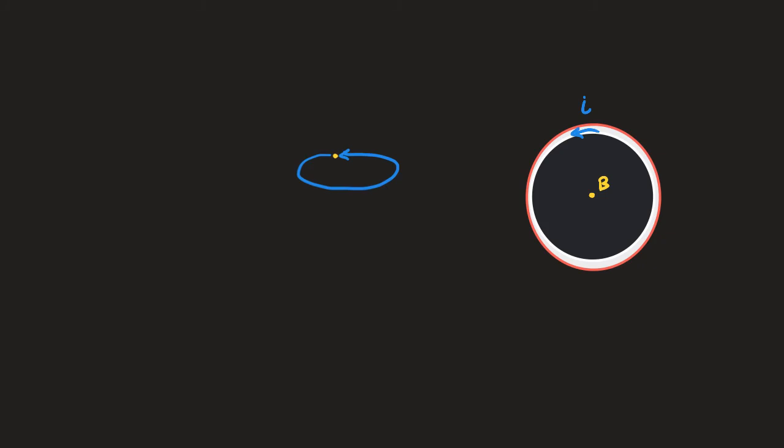And I want to remind you that it's an electron. So whatever the right-hand rule tells you, it's the opposite. That's what I would expect.